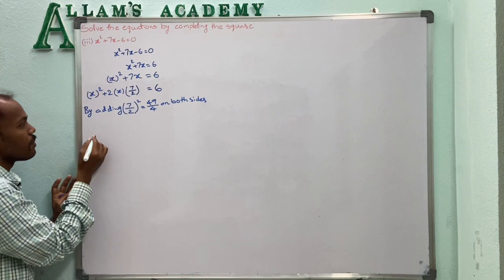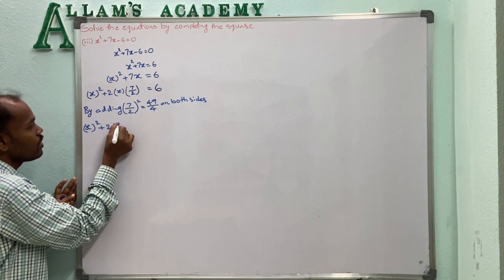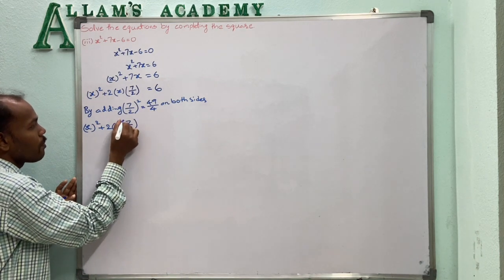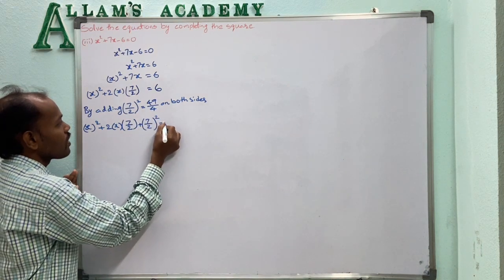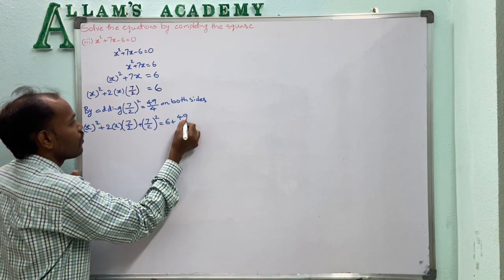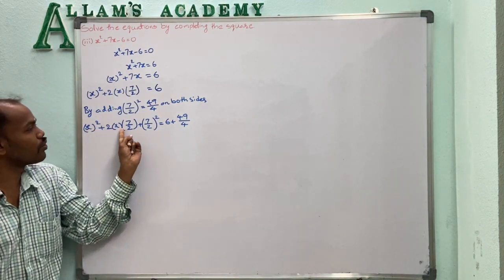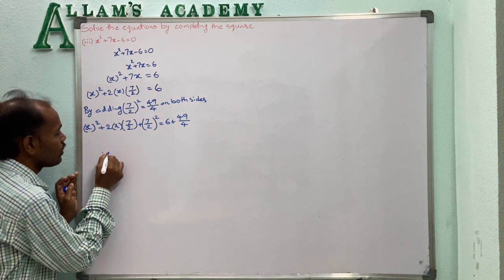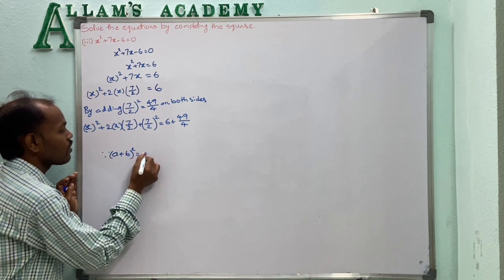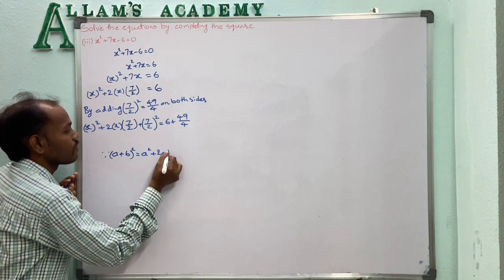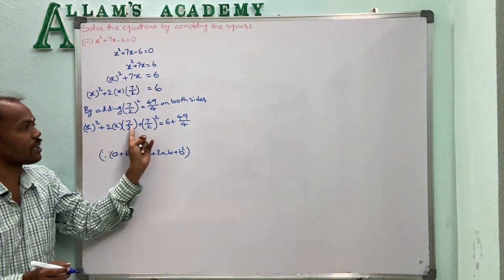Now this will be written as x whole square plus 2 into x into 7 by 2 plus 7 by 2 whole square, that is equal to 6 plus 49 by 4. Now here it is in the form of a square plus 2ab plus b square. So a plus b whole square is equal to a square plus 2ab plus b square. Now here a is nothing but x and b is nothing but 7 by 2.